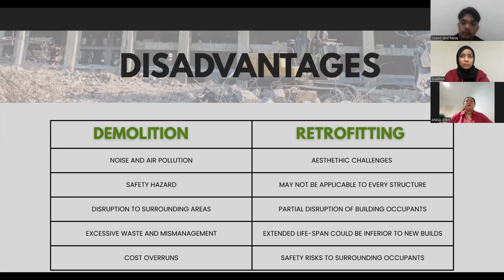It also causes partial disruption to building occupants due to them having to evacuate, the noise, and some excess problems in the areas. It also could not compare to a new building as its extended life could be less. It also causes safety risks to surrounding occupants in case they're not aware of the site itself and wander into the site.